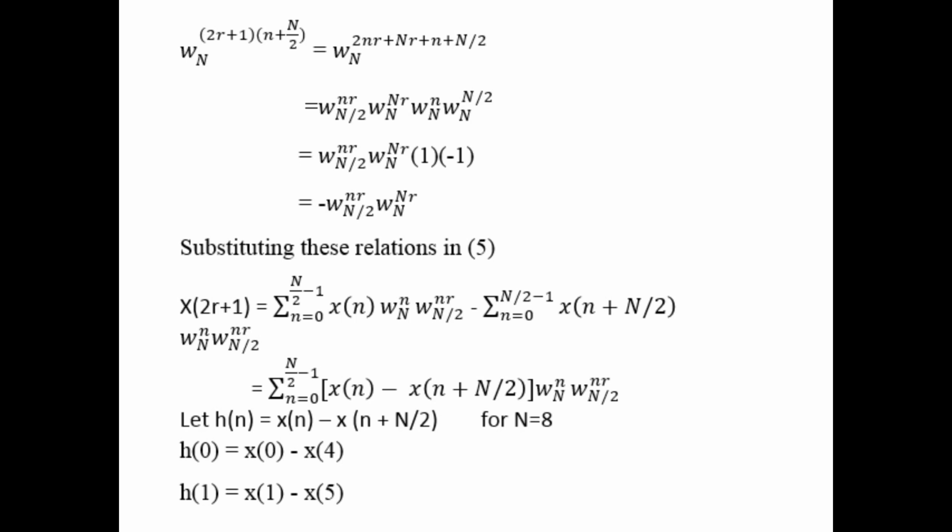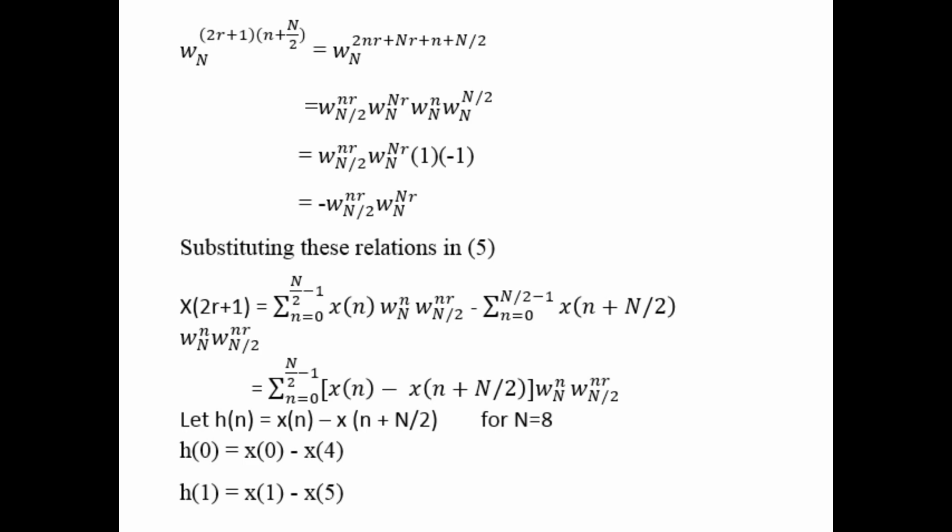Then omega n of 2r plus 1 into n plus n by 2 is equal to omega n of 2nr plus nr plus n plus n by 2, or we can write it as omega n by 2 of nr, omega n of nr, omega n of n, and omega n of n by 2, which is equal to omega n by 2 of nr, omega n of nr into 1 into minus 1.